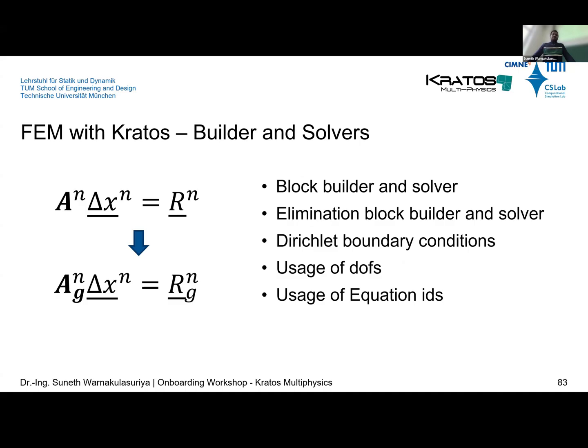Then you have something called builder and solvers. I'm just telling you this to know only, because you don't have to deal with it at all unless you are doing some really in-depth study. The whole purpose of the builder and solver is to take the local Kx equal F and assemble it to the global system matrix.